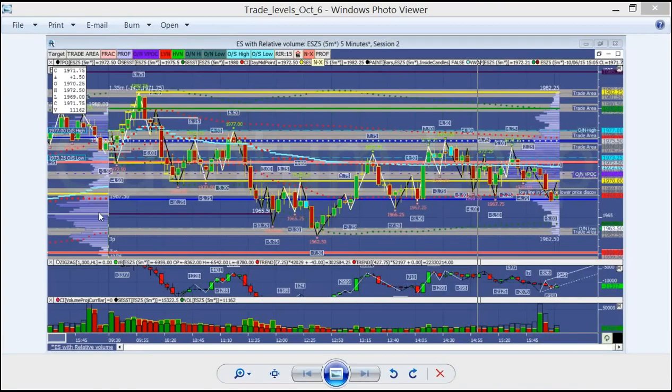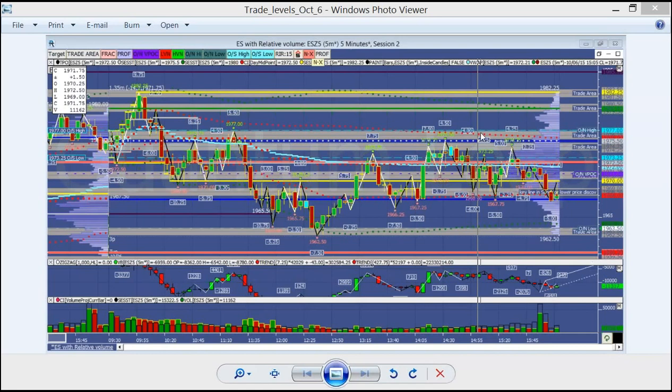Okay, so yesterday we were looking for a rotational day with an upside bias if we stayed above the key line in the sand, or a rotational day with a downside bias if we got below the key line in the sand. My main target to the bottom was 1960 and a quarter. That was the prior day value area low.